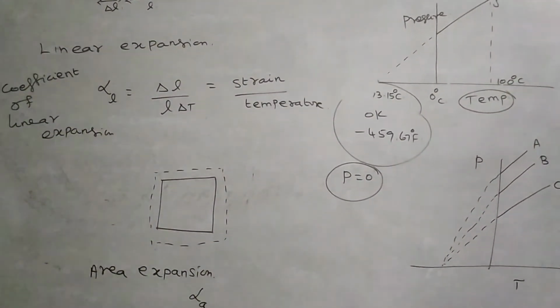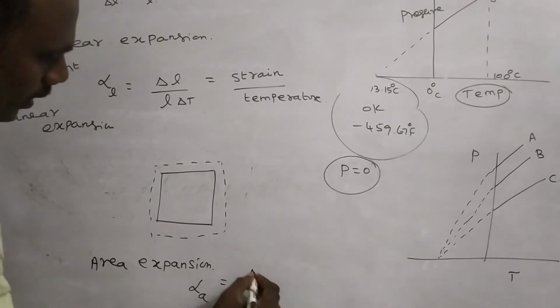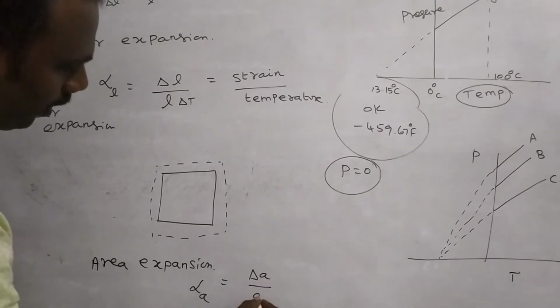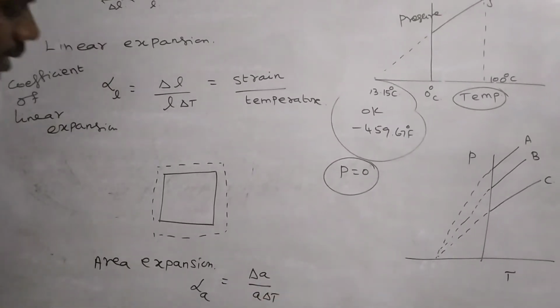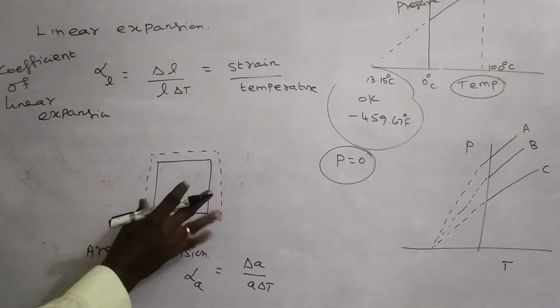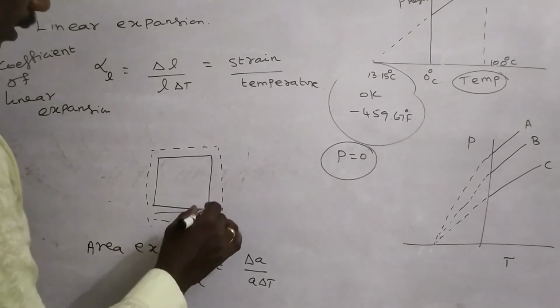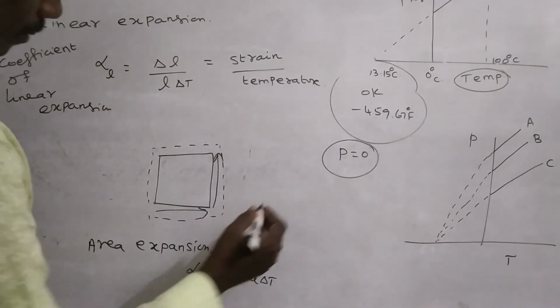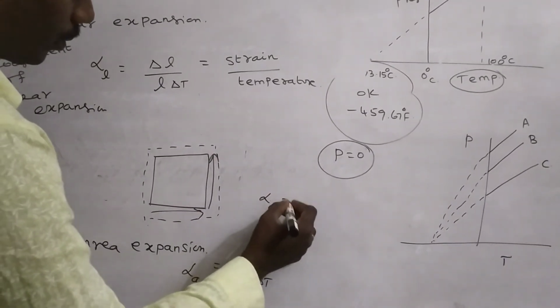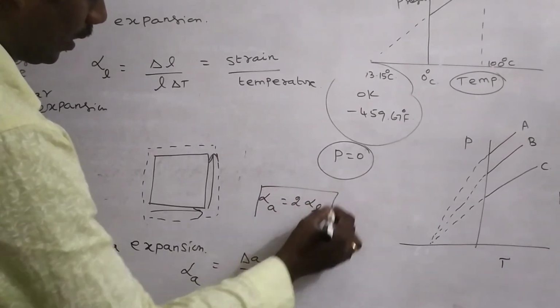Then the coefficient of area expansion is equal to change in area divided by original area times change in temperature. Two sides are expanded, one side is length, another side is breadth. So area expansion is equal to twice the linear expansion.